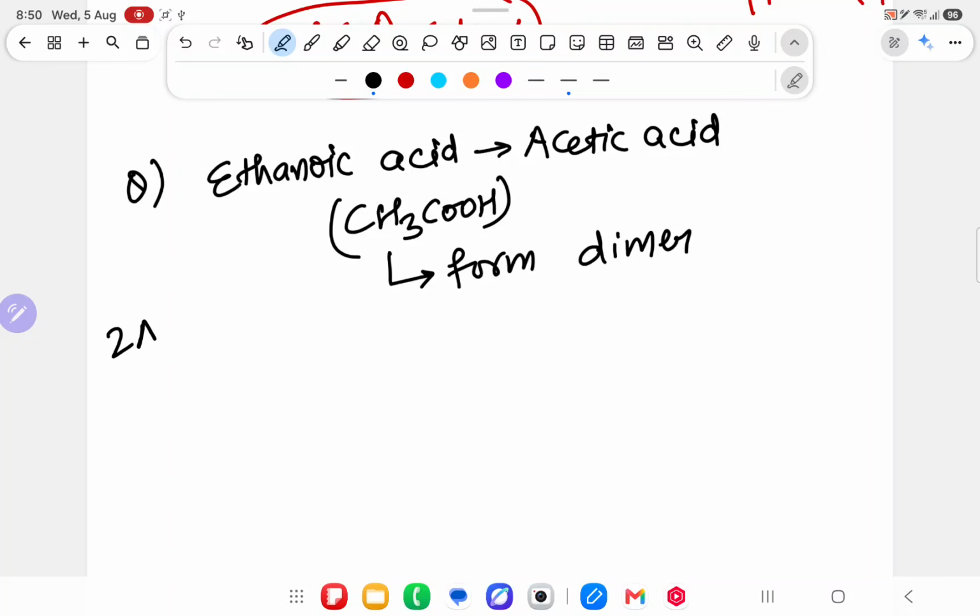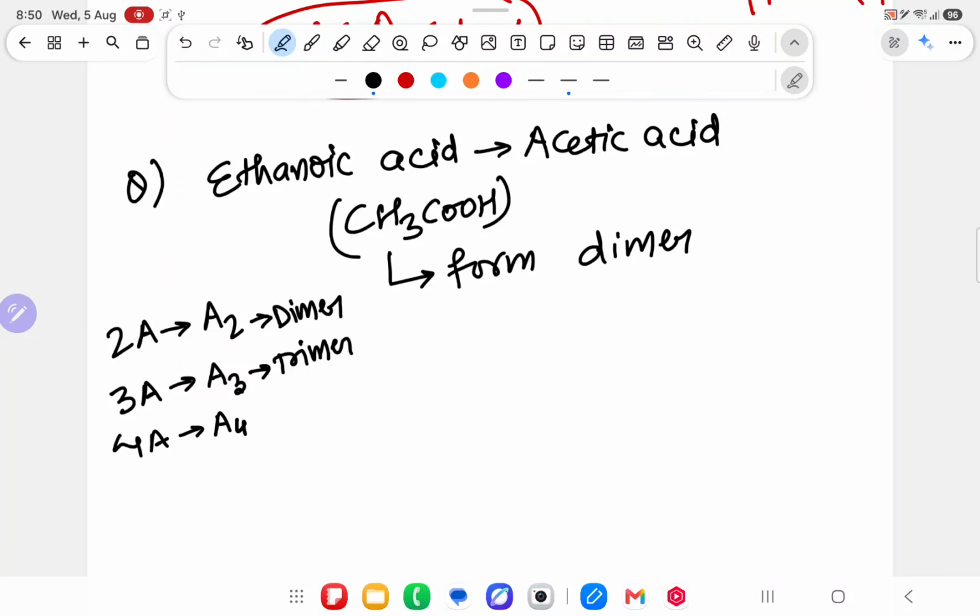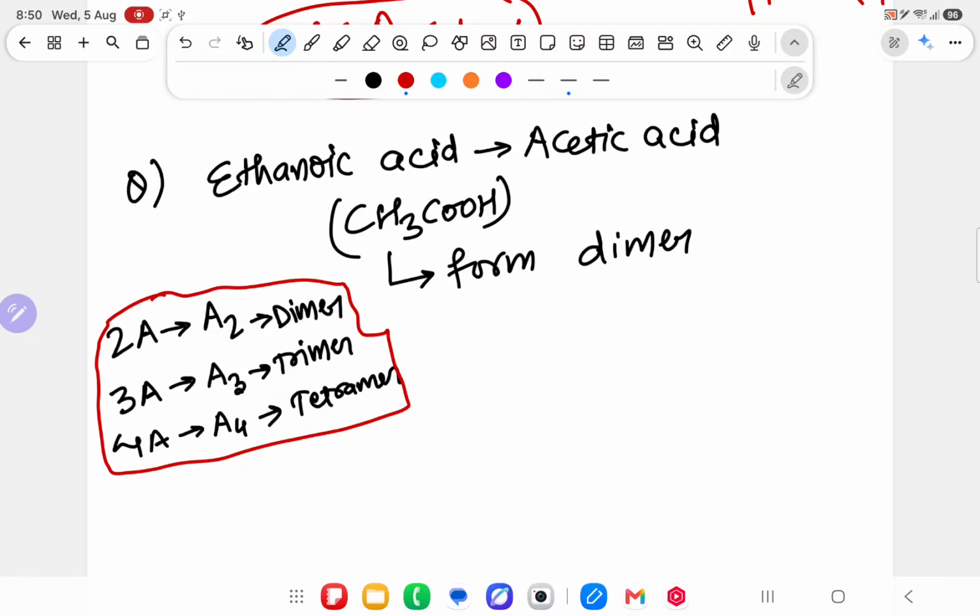If 2 combine together to form 1, A2, it is known as a dimer. If 3 combine together to form A3, this is known as a trimer. If 4 combine together to form A4, that is known as a tetramer, like pentamer, hexamer, heptamer. I am saying ethanoic acid will always form a dimer.